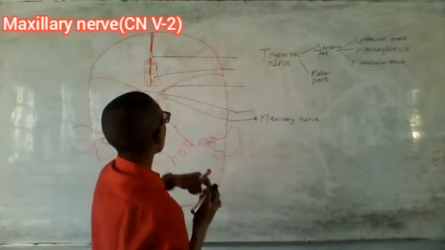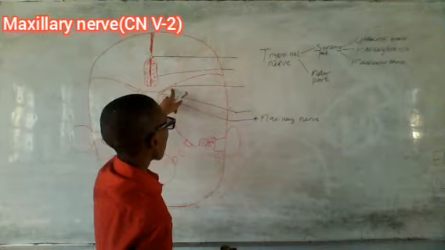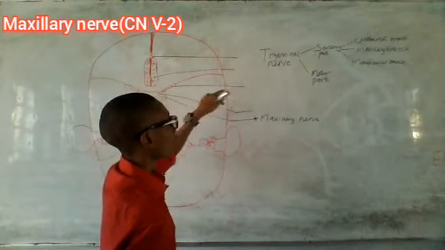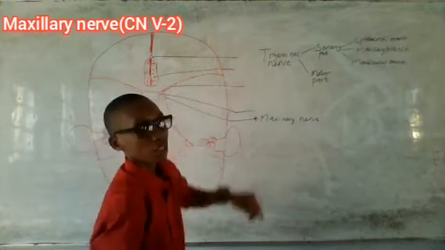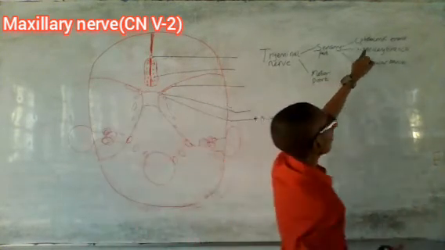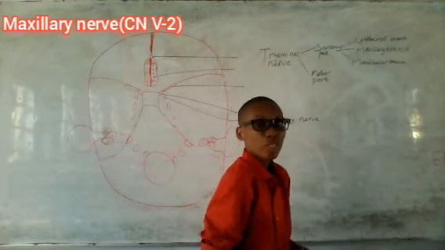So in this foramen, one of the branches of the trigeminal nerve exists. And what is the branch? This first branch, the ophthalmic branch.